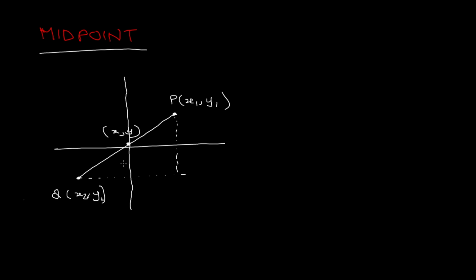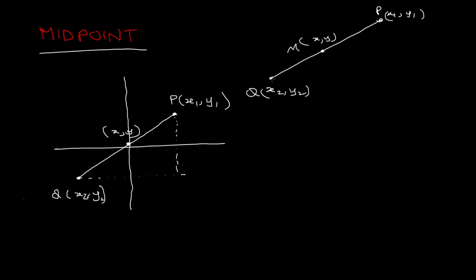So now what we do is we extract this line, like that, and then we have our points there. We put our point here, which is the midpoint, x, y. This is x1, y1, which we call P, and this is x2, y2, which we call Q. And this is some other point, M, the midpoint.